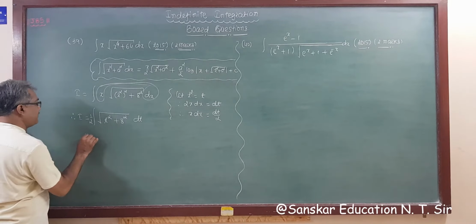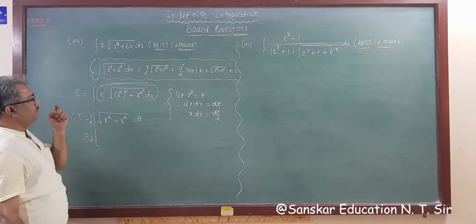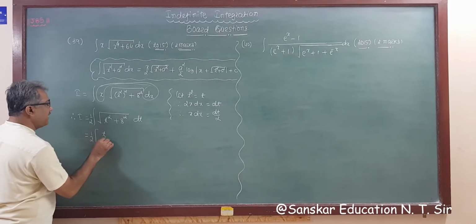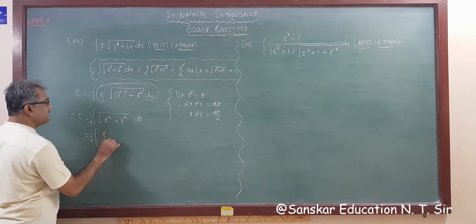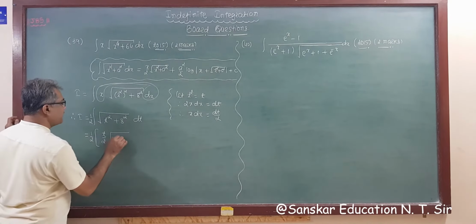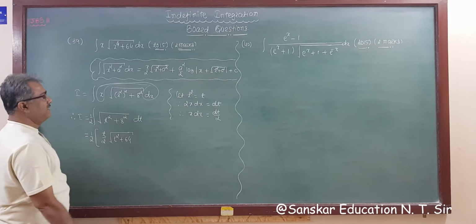So the answer will be 1 upon 2, right? x by 2, that is t by 2, under root x square plus a square, that is t square plus 8 square, I am writing 64 instead of 8 square, right?